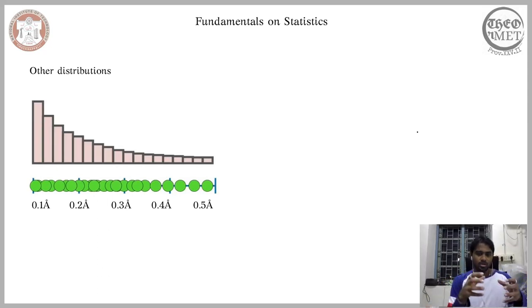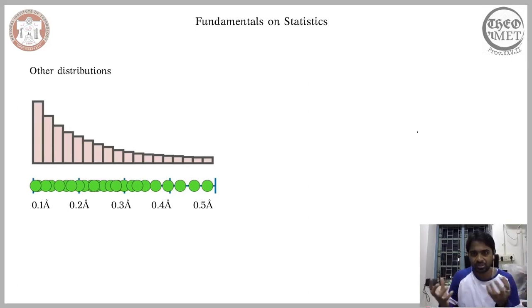Instead of a normal distribution wherein the lowest and highest lattice parameters are less populated and the average assumes the most population, we have such a unique distribution wherein the number of alloys with the least lattice parameter is quite huge when compared to the other lattice parameters. So you get a distribution like this.